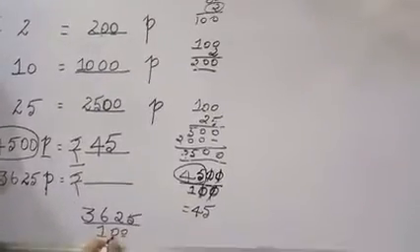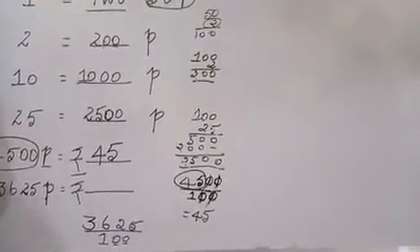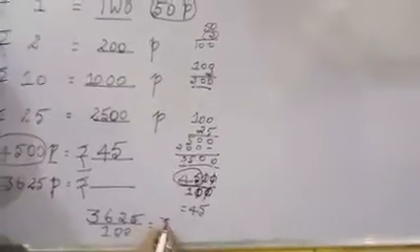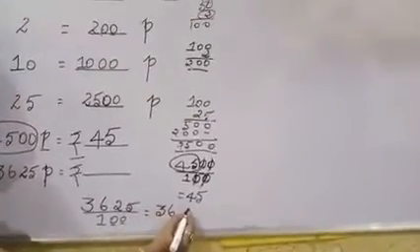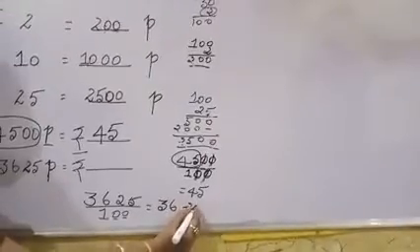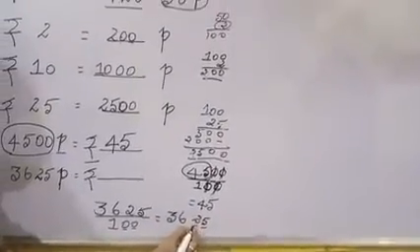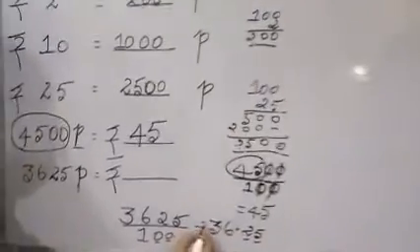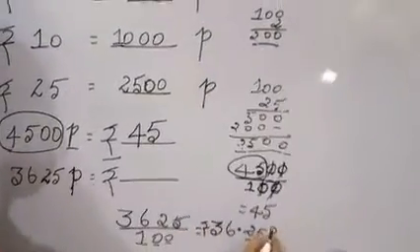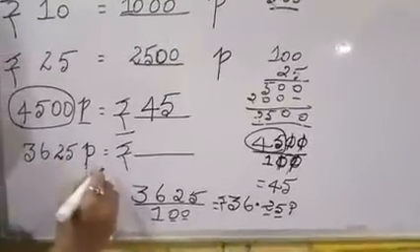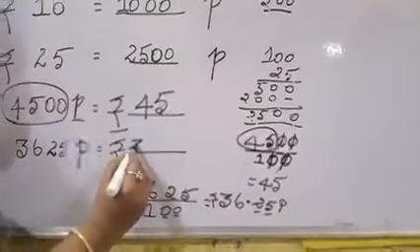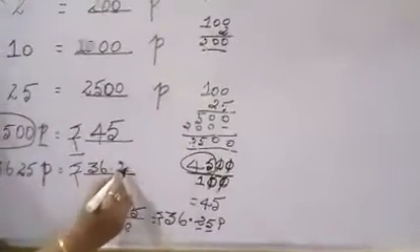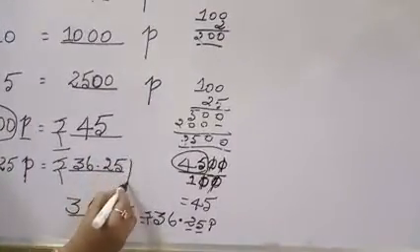So how many zeros? 2 zeros. So after the 2 digits, you keep the decimal point. So this is rupees and this is paise, children. So how much do you get? 36 rupees 25 paise.